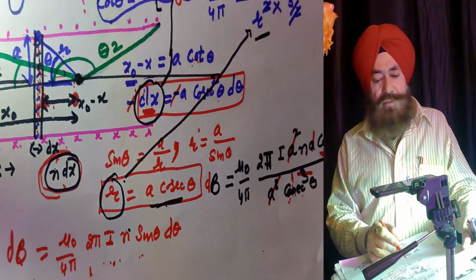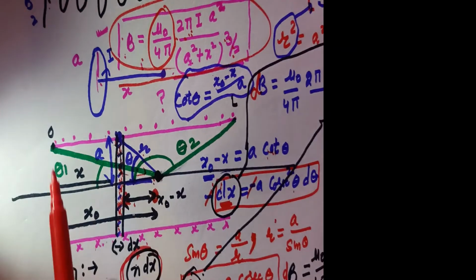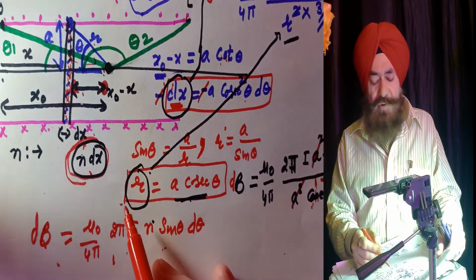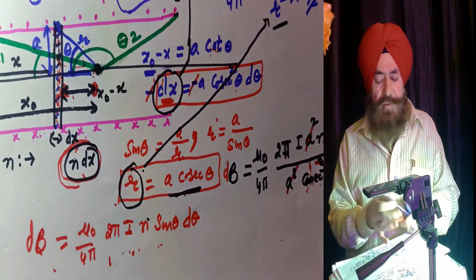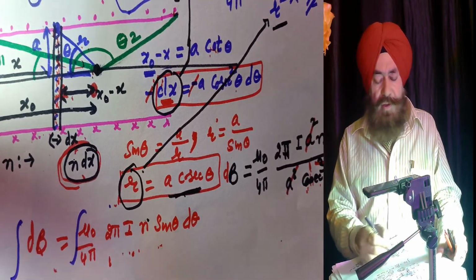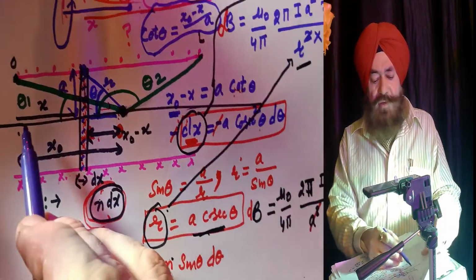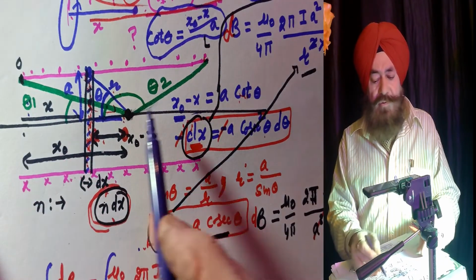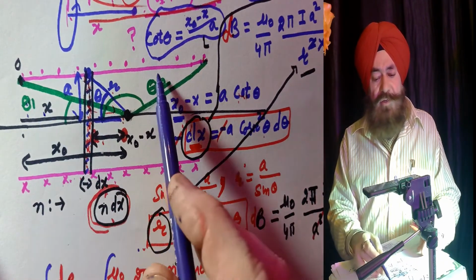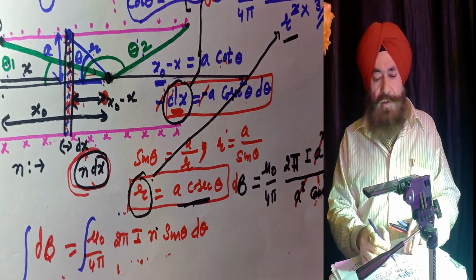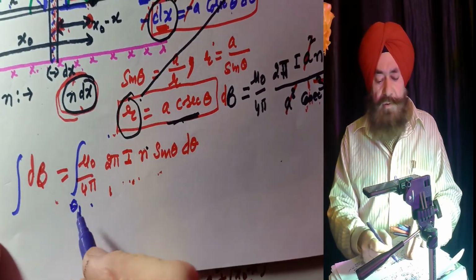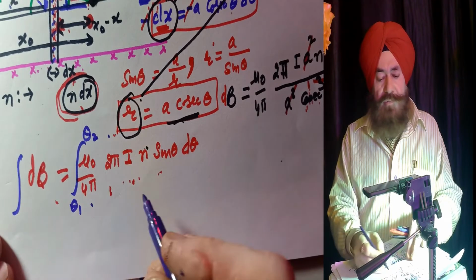Now our problem is the magnetic field from this end to this end. I have to integrate this expression, and what will be the limits? Theta 1 to theta 2. From this end to this end, theta 1 to theta 2.